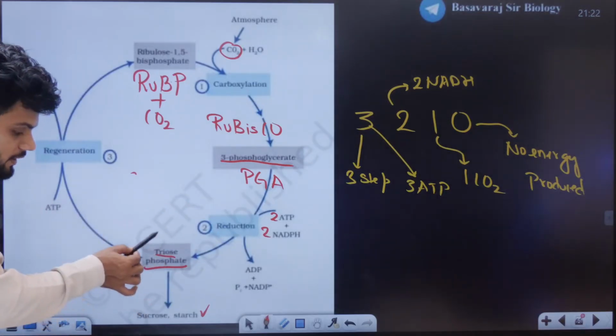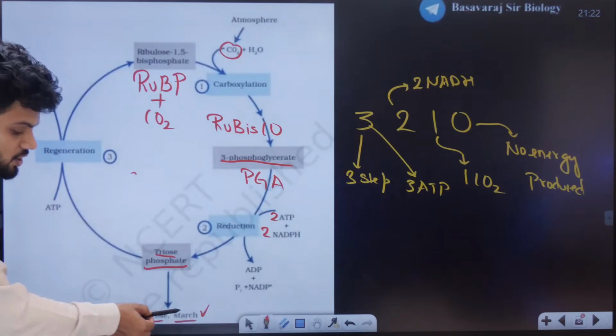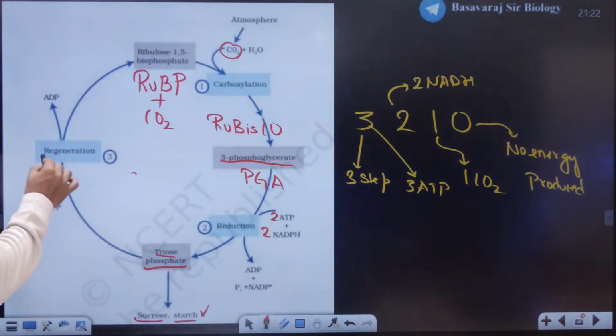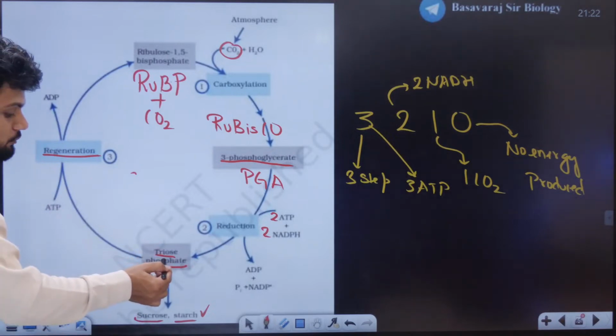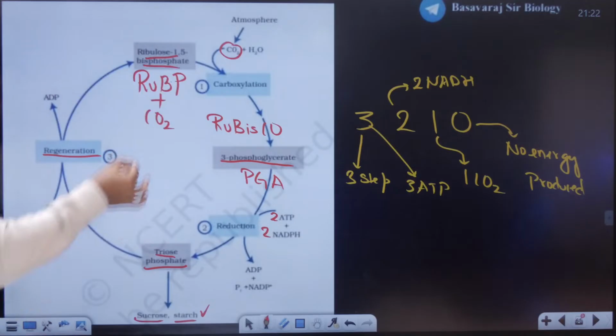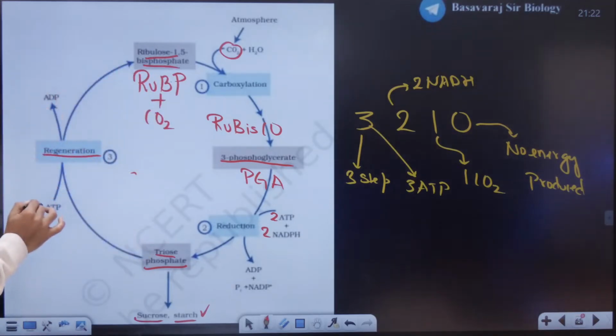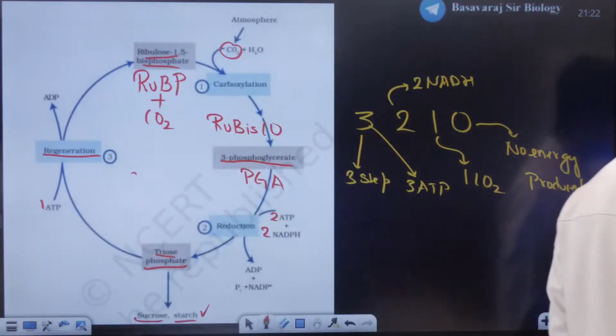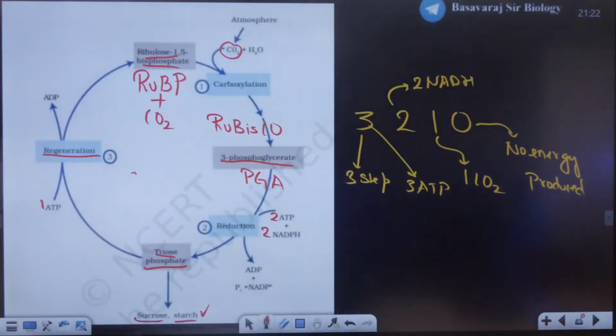Now triose phosphate eventually gets converted to sucrose and starch, which can be used by us to eat and everything. The last step is called regeneration, where triose phosphate is again converted back to RuBP. In this entire step, 1 ATP is being used. So in total, 3 steps, 3 ATP, 2 NADPH for 1 CO2, and 0 energy is produced in this entire process.